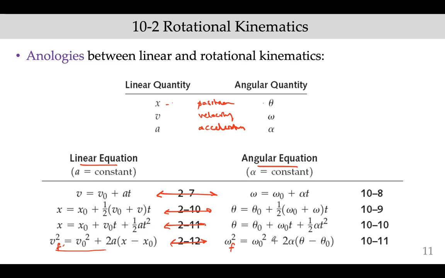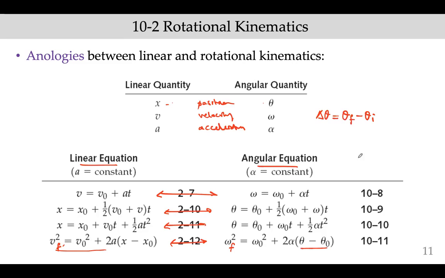So basically put the word angular in front of the variables here, and you will get the second part of the table. Now for this one, we can write it as delta theta, which means theta final minus theta initial.